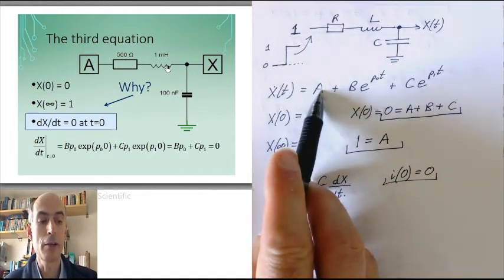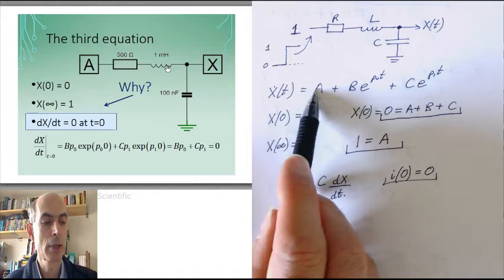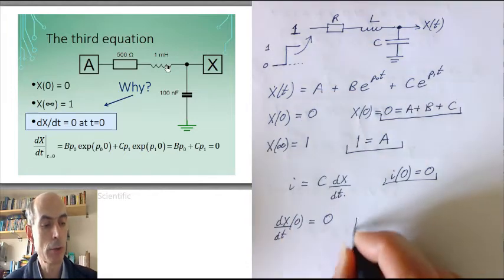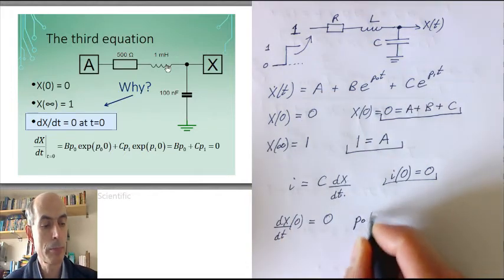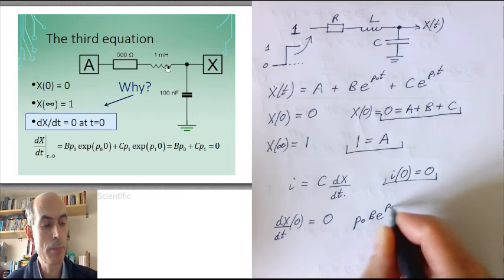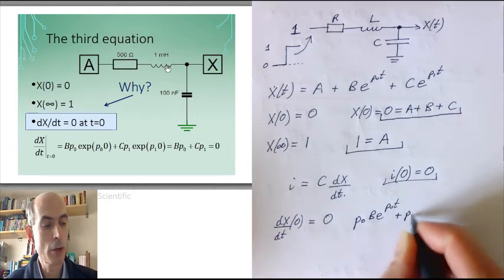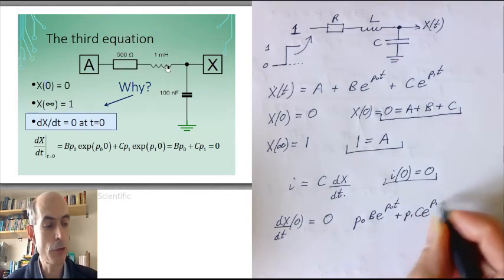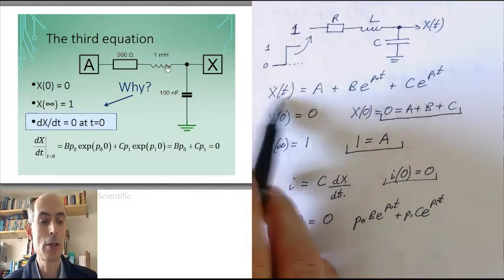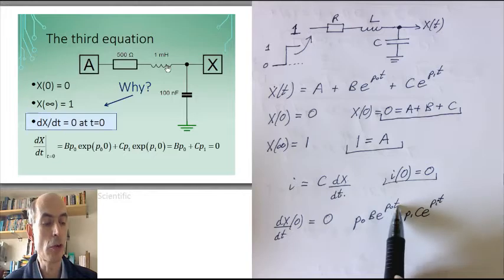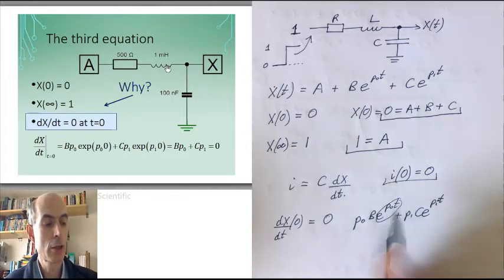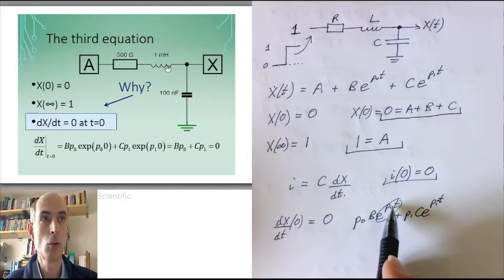Put that into here, differentiate this expression, and I would get P0 b e to the P0t plus P1 c e to the P1t. That's dx/dt. And at t equals 0, this term here is just e to the power of 0, or 1.